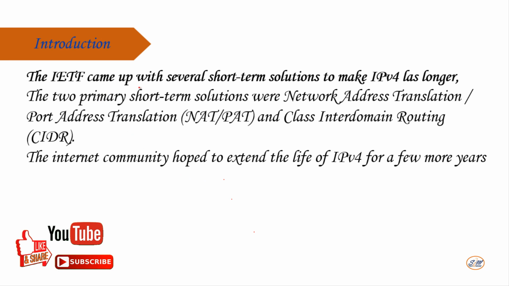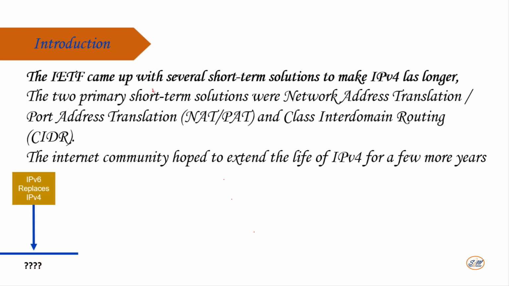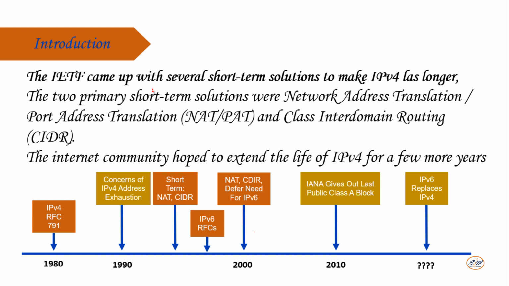The IETF came up with several short-term solutions to make IPv4 last longer, to put off the day when the world ran out of public IPv4 addresses. The two primary short-term solutions were network address translation, port address translation, and classless inter-domain routing. Both worked wonderfully at the time.